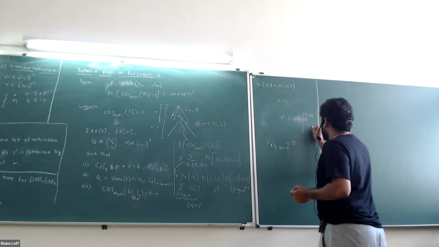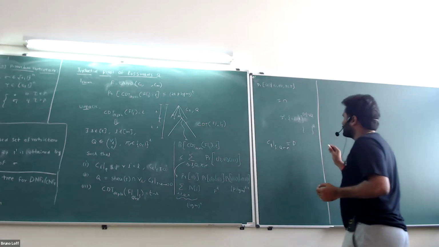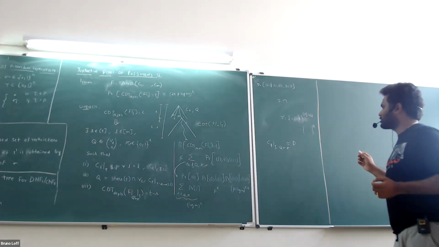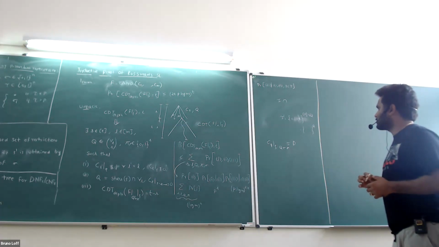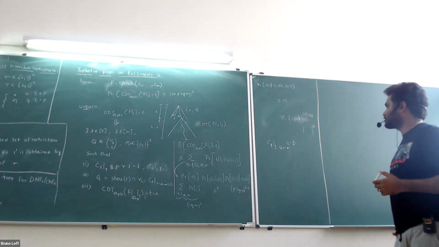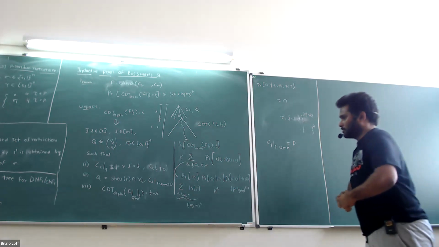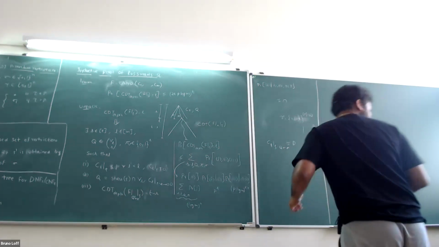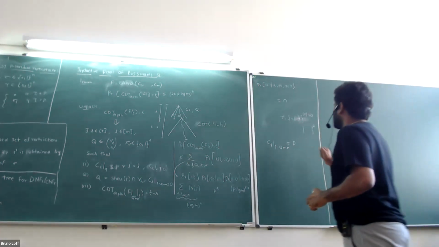F prime is just the set of those partial assignments such that if I set Q to sigma and append it to this assignment, CL becomes 0. Right? Let's say that that's F prime. And now we can look at F.